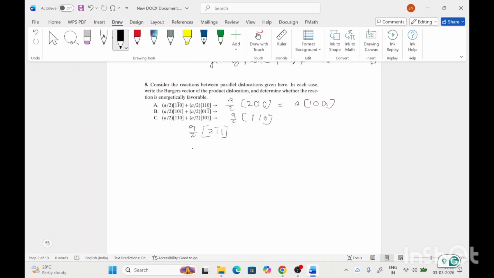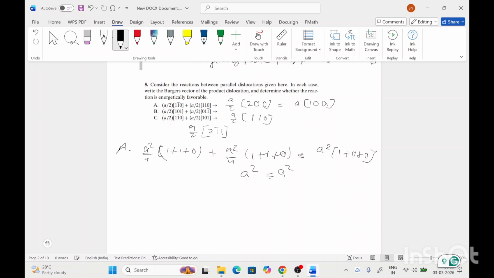So we can now calculate the energies. For A, this will be a²/4 (1 plus 1 plus 0) plus a²/4 (1 plus 1 plus 0), which is a²/2 plus a²/2, that is a², and after the reaction a² (1 plus 0 plus 0), so a² equals a².